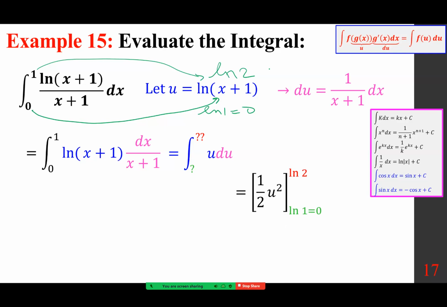So half of u squared going from ln 1 to ln 2, and ln 1 is 0. So you plug in ln 2, you plug in 0, you get the same thing. So half of ln 2 quantity squared. And this is an exact answer, everybody. So you keep it as such. ln 2 is some number to the power of 2 and then divided by 2. That's really the concept, and we are done.